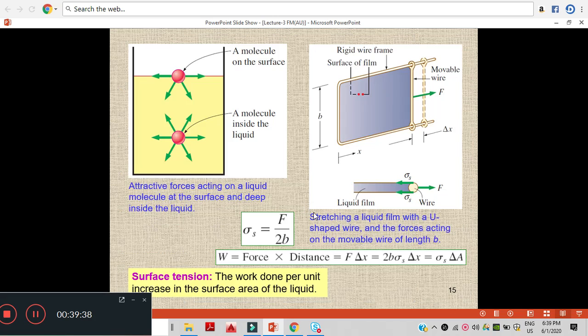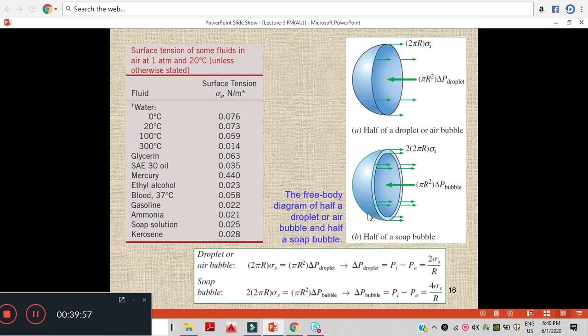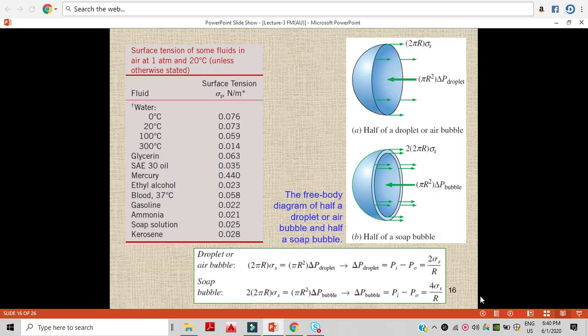Sigma is in Newton meter divided by meter square. This is the definition of surface energy. Now we move on to the application or effect of surface tension.